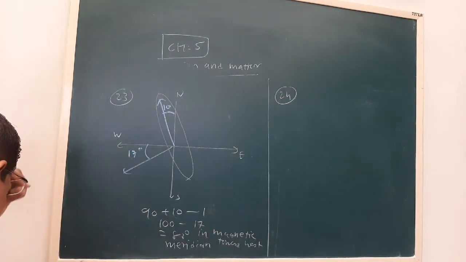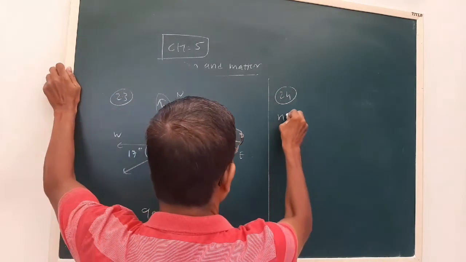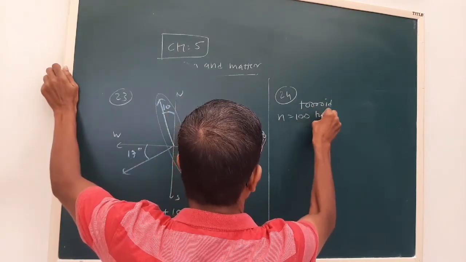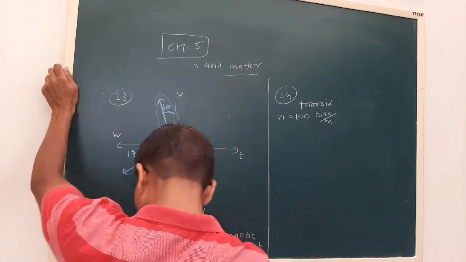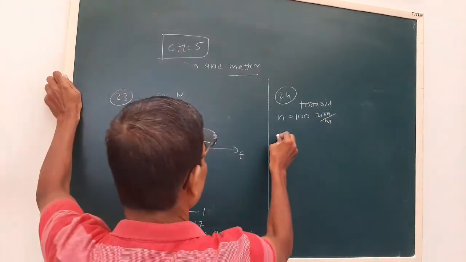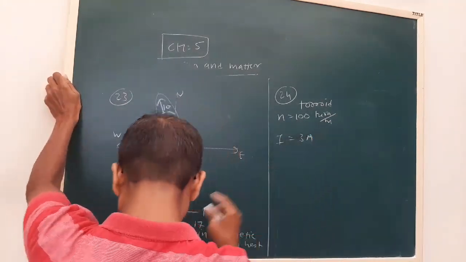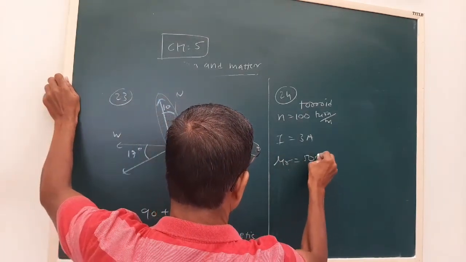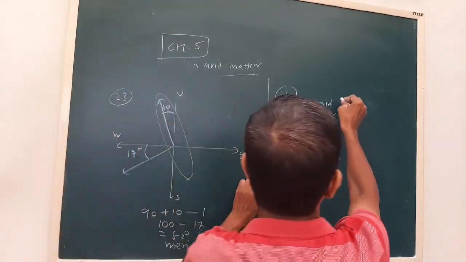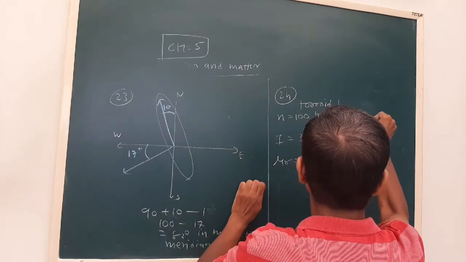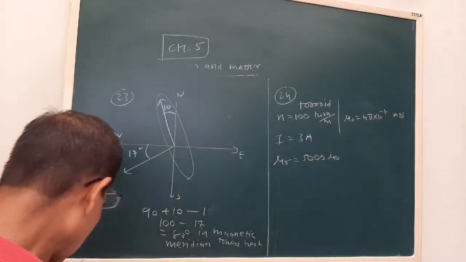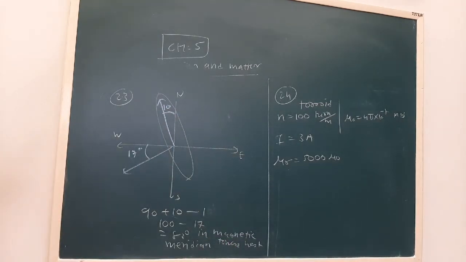See, next MCQ. Now, a toroid is wound with 100 turns per meter. Current is 3 ampere. The relative permeability mu r is 5000, and mu 0 value is known to us. What is the magnetic field?